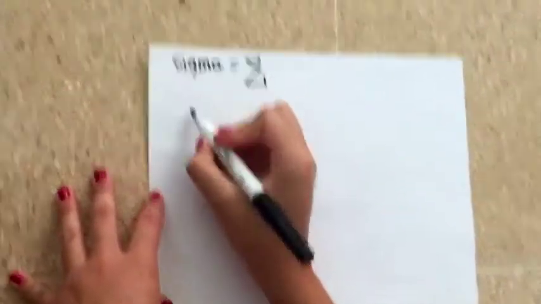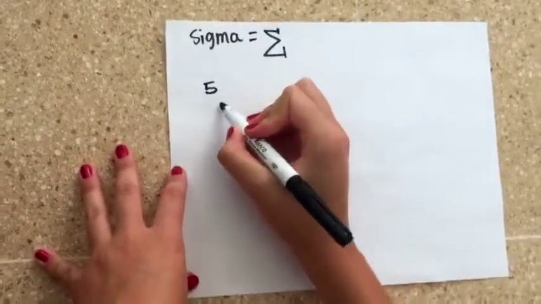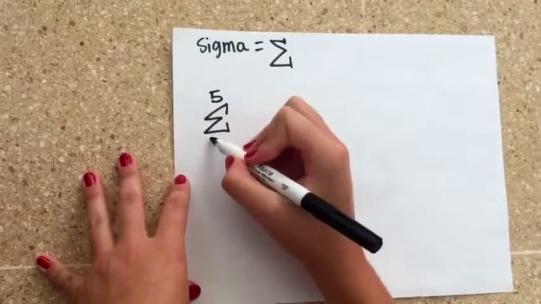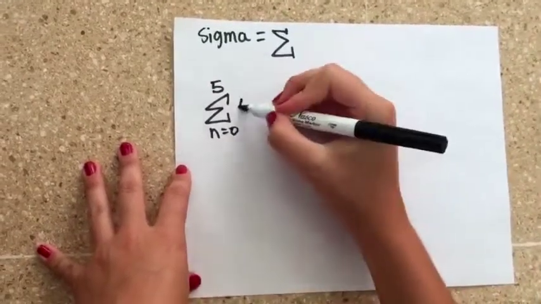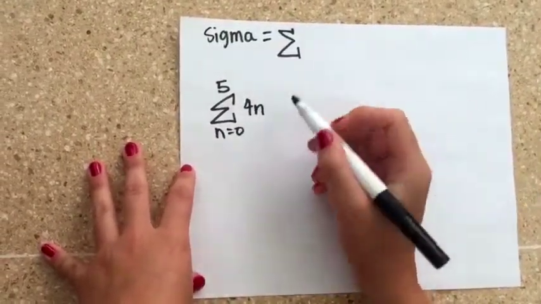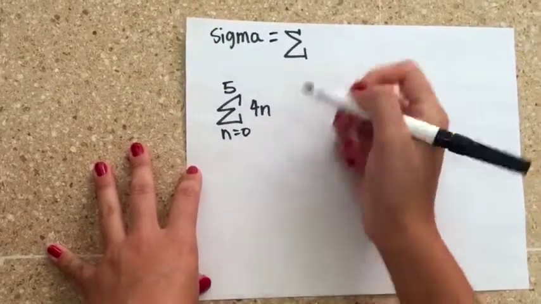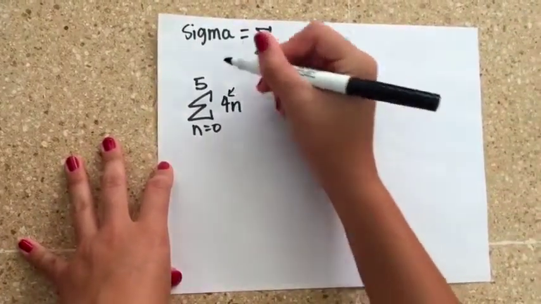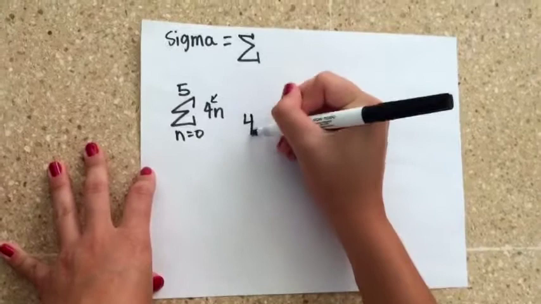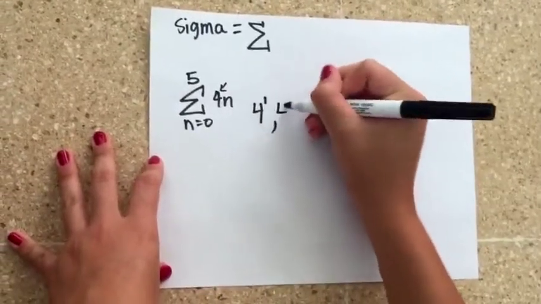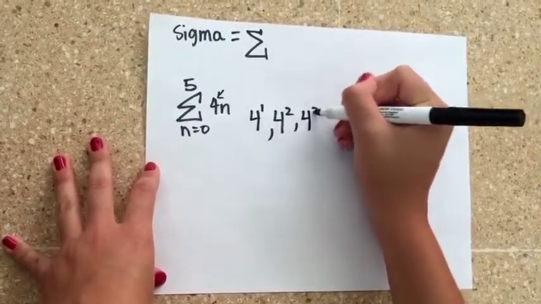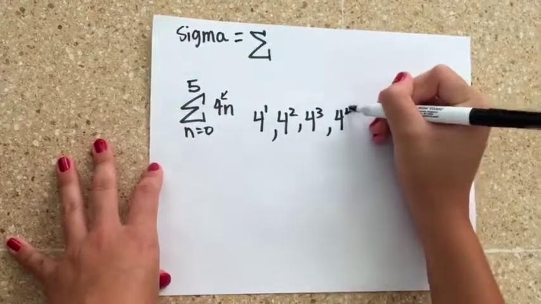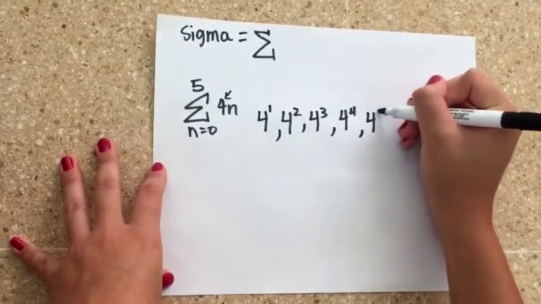Let's do this problem: sigma with 5 on top, n equals 0 at the bottom, and 4 to the n. So we need to put the numbers 1 through 5 in as the power: 4 to the power of 1, 4 to the power of 2, 4 to the power of 3, 4 to the power of 4, and 4 to the power of 5.